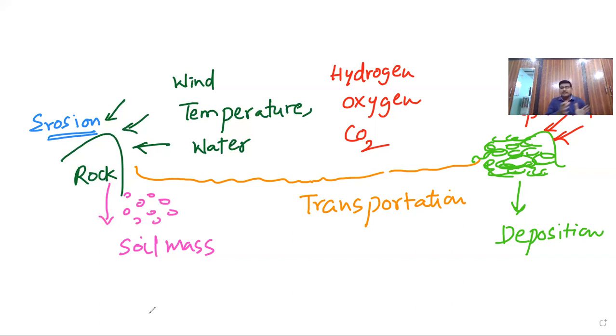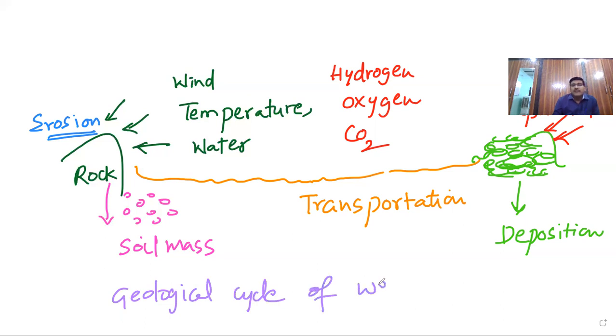Erosion, transportation, deposition, and upheaval. This natural cycle is known as the geological cycle of weathering.